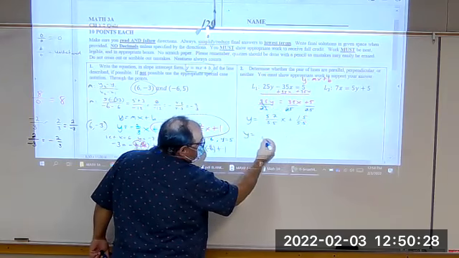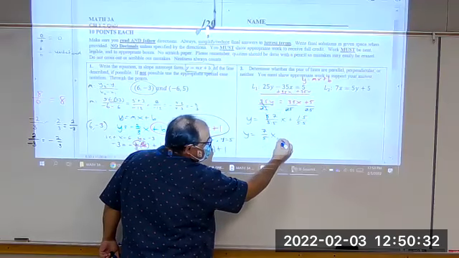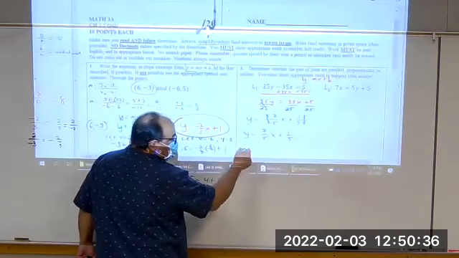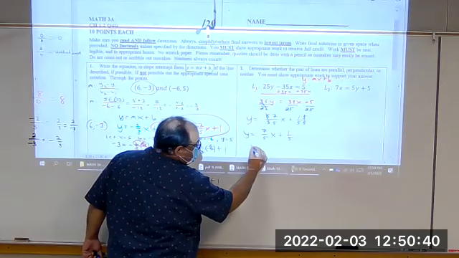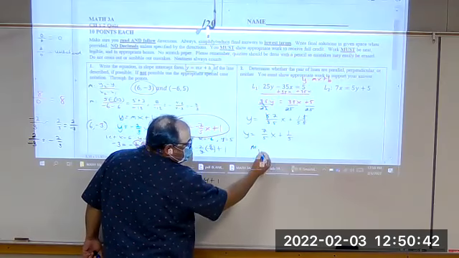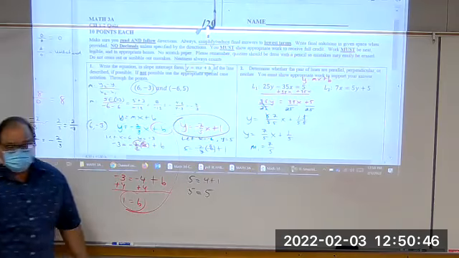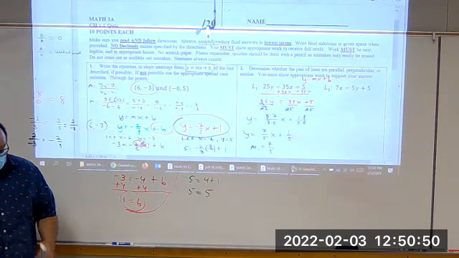So y equals, the 5 reduced, 7/5 times x plus 1/5. So the slope of the first line, L sub 1, is 7 over 5. And then we do the second slope.